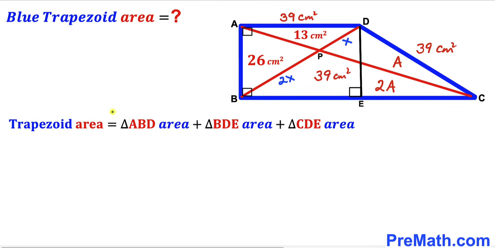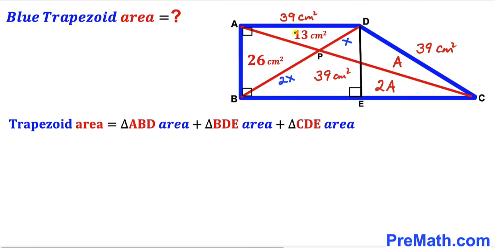And here's our final step. Now we can see that the area of this blue trapezoid is going to be equal to the sum of these three individual triangle areas: the triangle ABD area, the triangle BDE area, and finally the area of the triangle CDE.